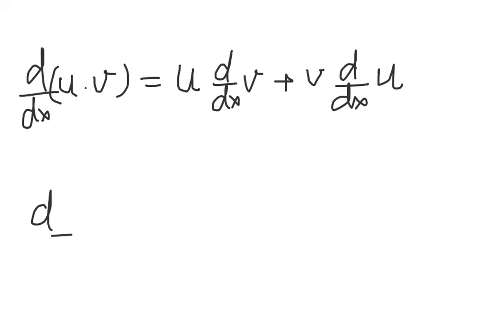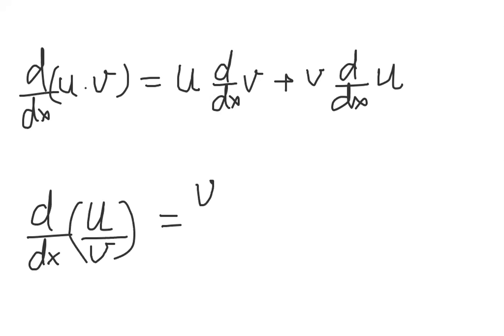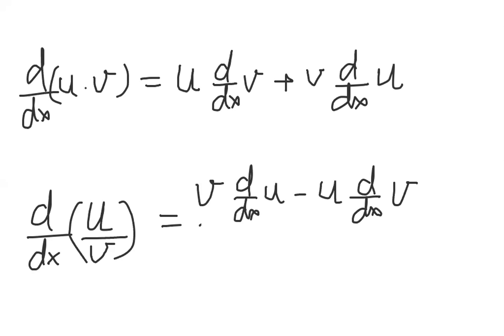One more is differentiation of u upon v. It is v ddx of u minus u ddx of v upon v square. Here v means denominator.